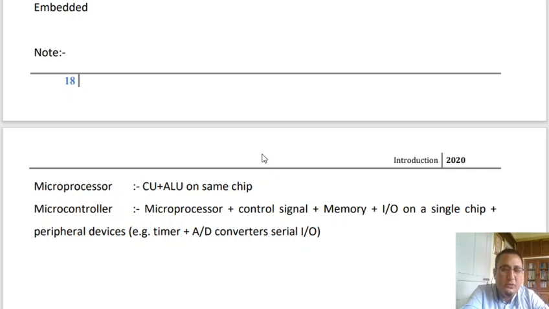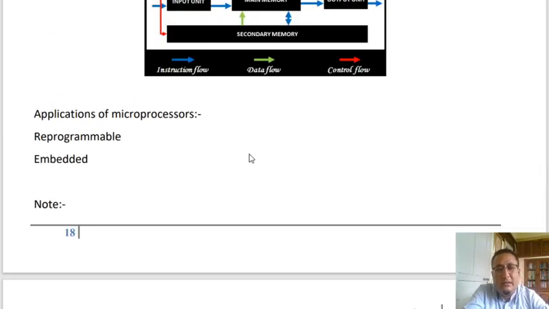These are the two important aspects to understand: the difference between a microprocessor and a microcontroller. These are the things that you need to know whenever we discuss the basics of the microprocessor.